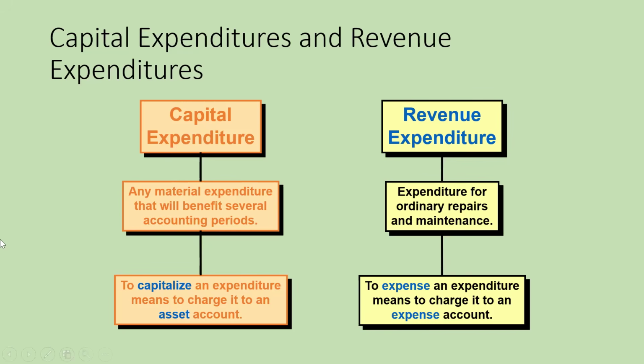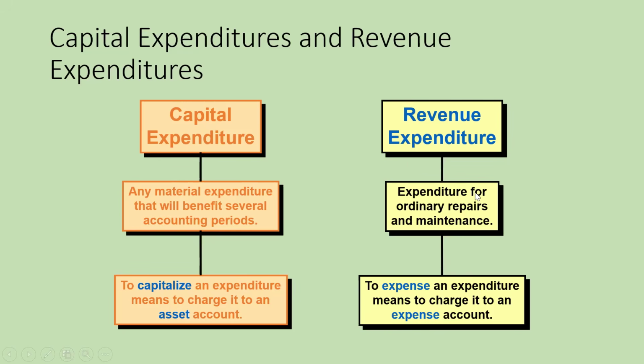Similarly, any expenses that increase the life of the asset, or increase the working capacity of the asset, or increase the number of units produced, are called capital expenditure and become part of the cost of the asset.